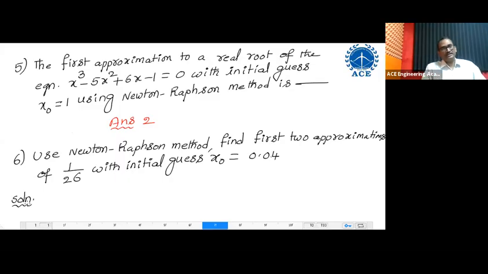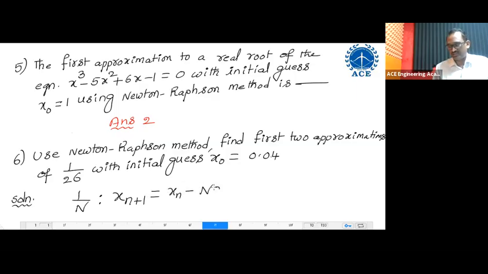So 1 by 26, that is 1 by n. The Newton-Raphson iteration formula for the inverse of a number, that is 1 by n: xn plus 1 is equal to xn minus n xn square. In place of capital N, 26 is there.